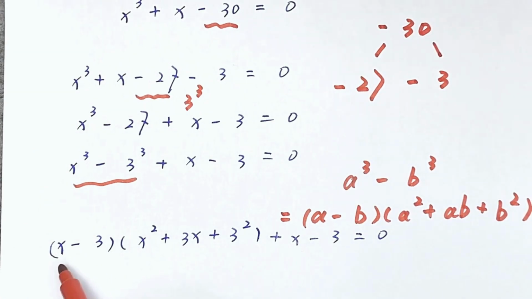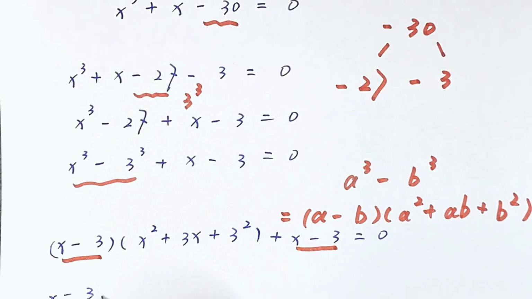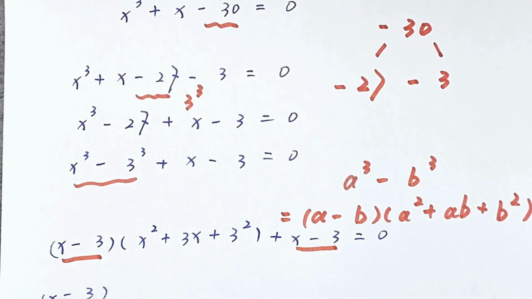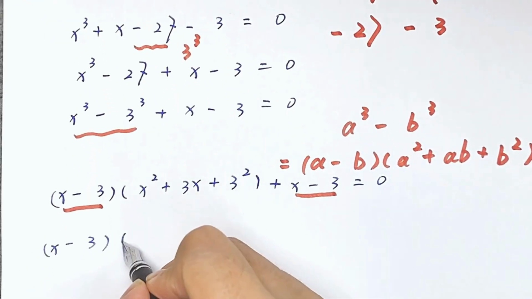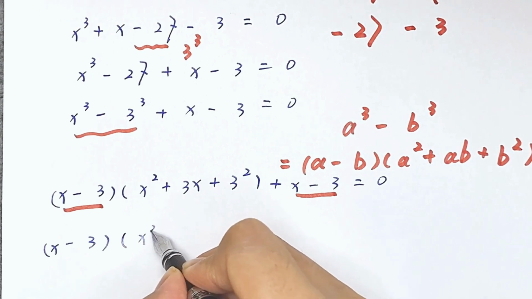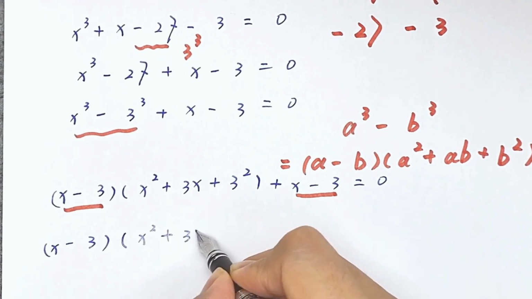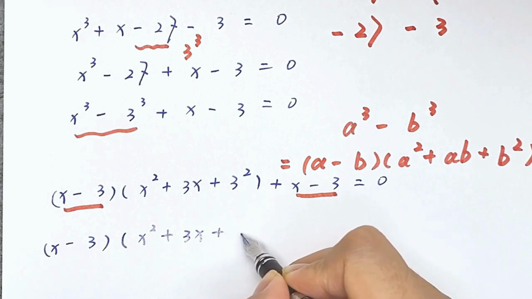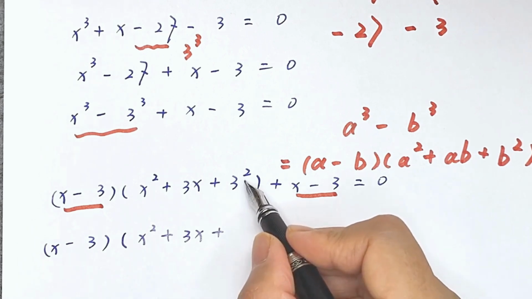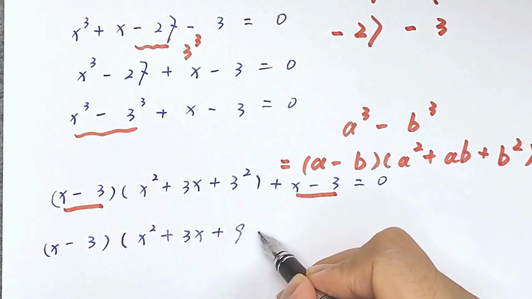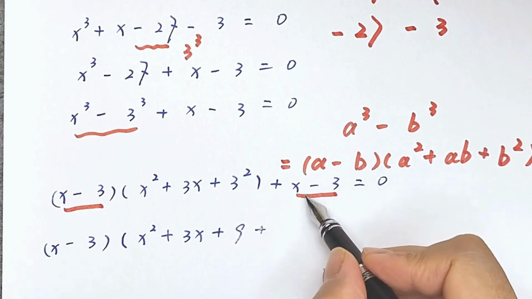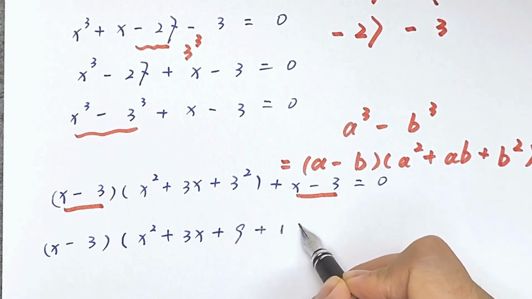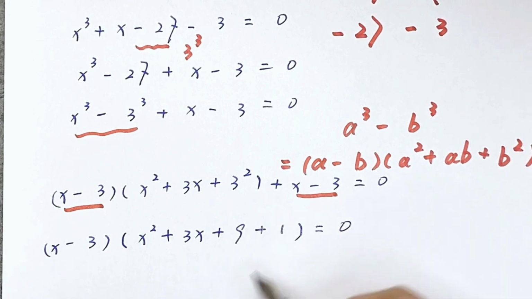Now, x minus 3 is common, so we can take x minus 3 out of the bracket times x squared plus 3x plus 3 squared, which is 9, plus this 1 is equal to 0.